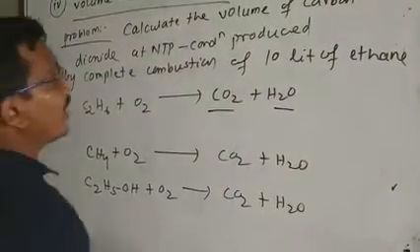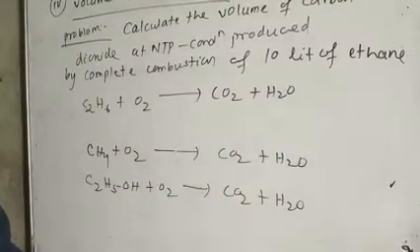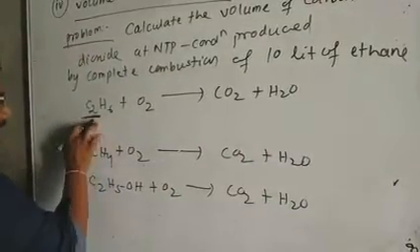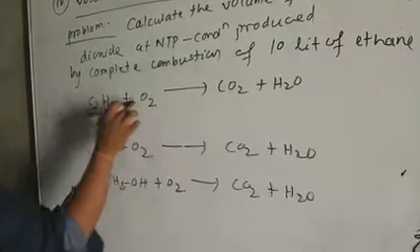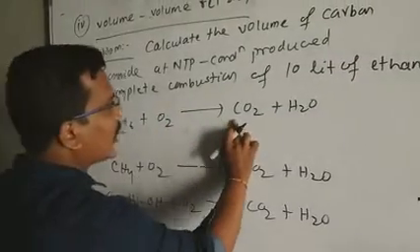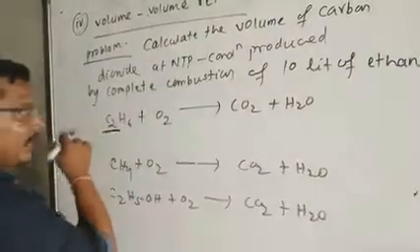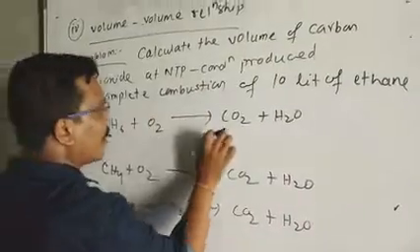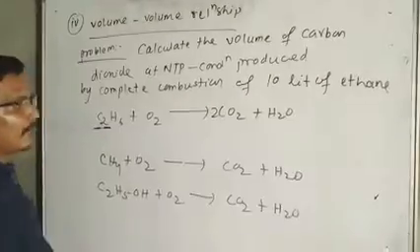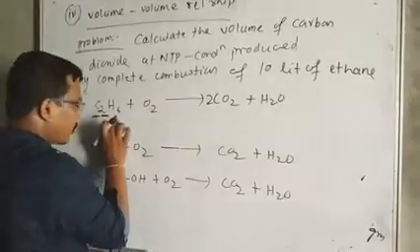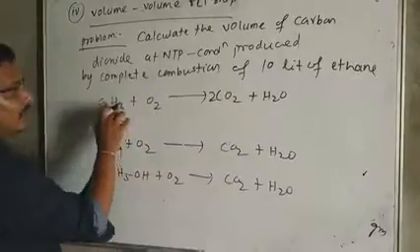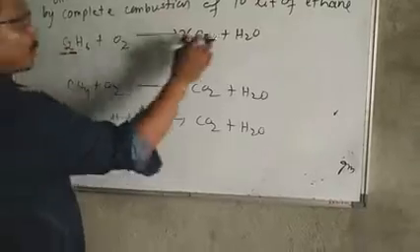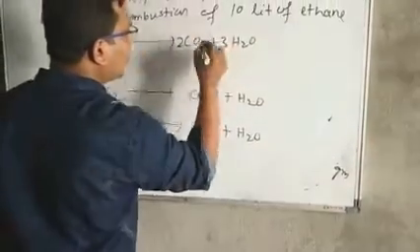Then how can you balance such an equation? There is a trick. The number of carbon atoms in a hydrocarbon must equal the number of carbon dioxide molecules. If 2 carbon atoms are present, it forms 2 carbon dioxide. If 6 hydrogens are present, take half for the water molecules, so it forms 3 H2O.